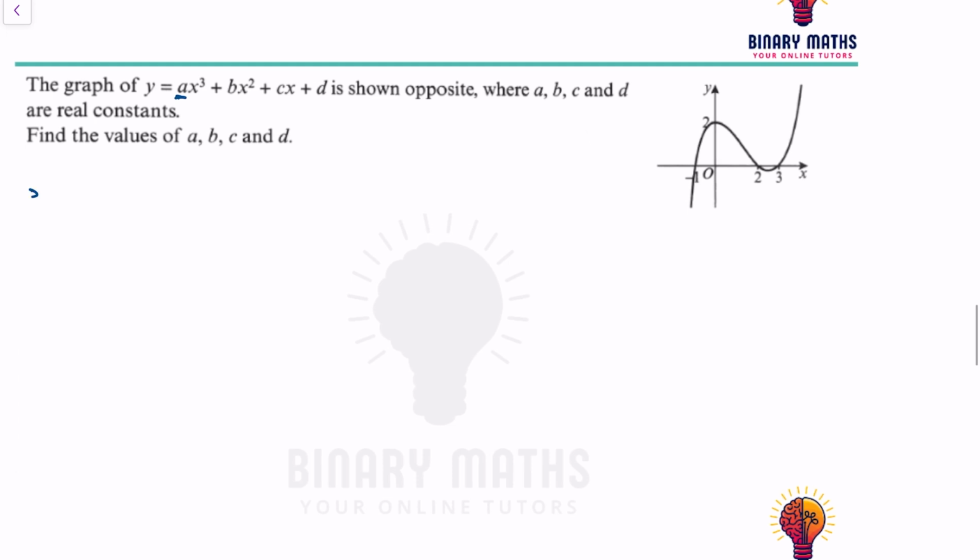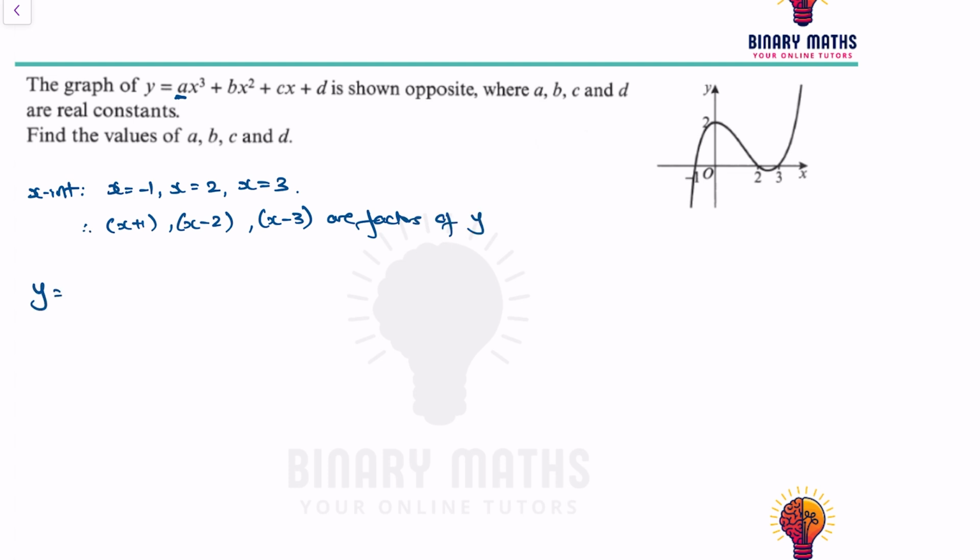Okay, first of all, we know the x-intercepts are x equals -1, x equals 2, and x equals 3, which implies x plus 1, x minus 2, and x minus 3 are factors of y.